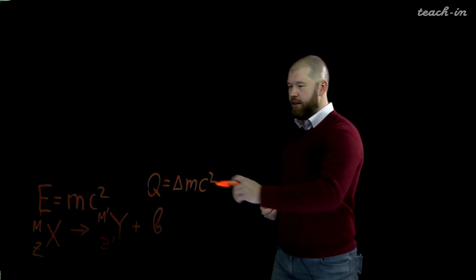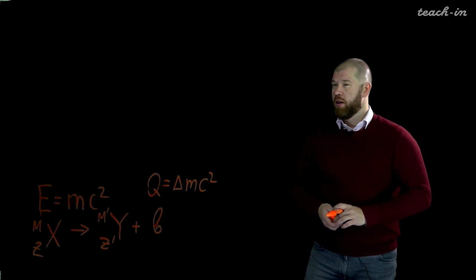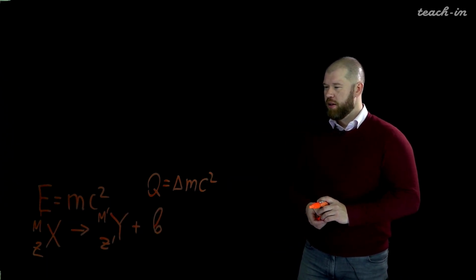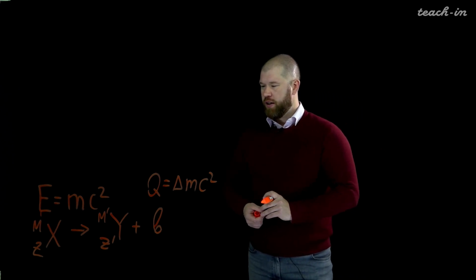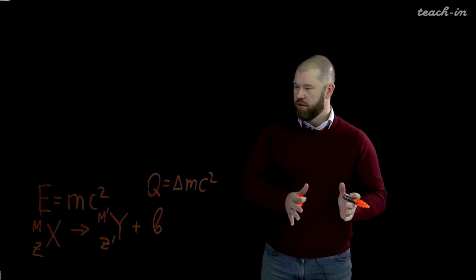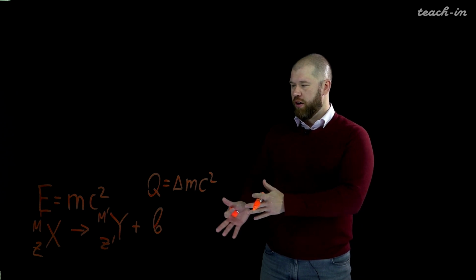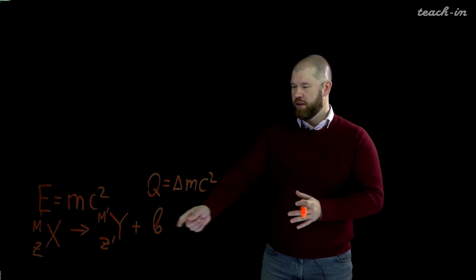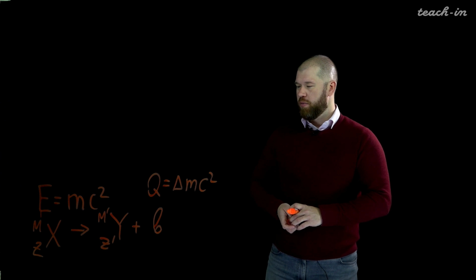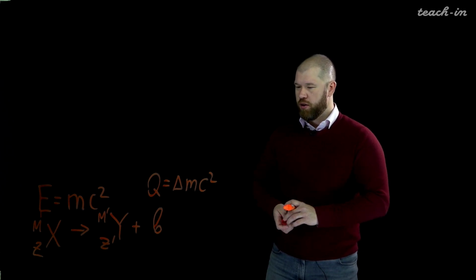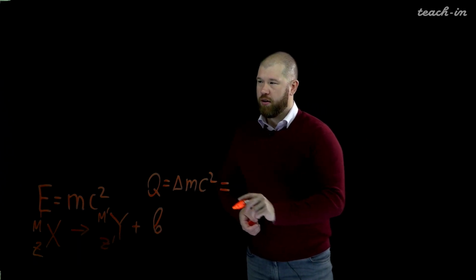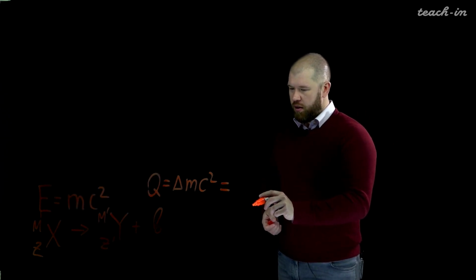What is the delta M here? Delta M here is the difference in masses between the initial radionuclide and the sum of masses of the produced particles. So we can write it like this.